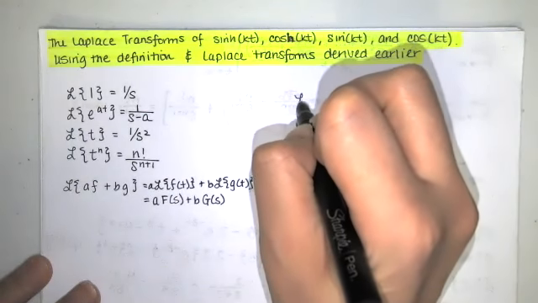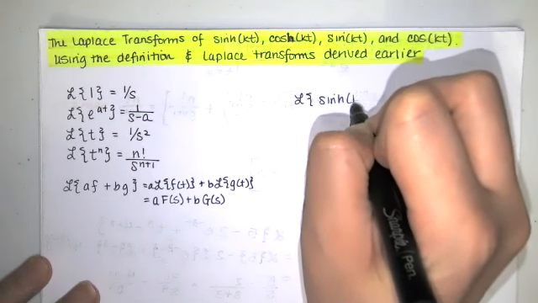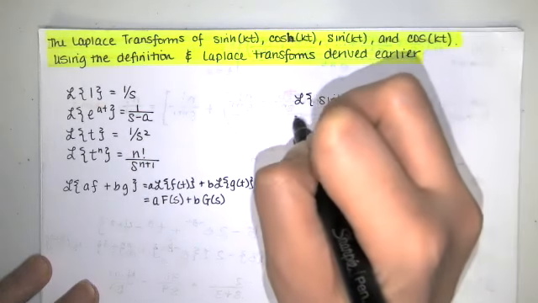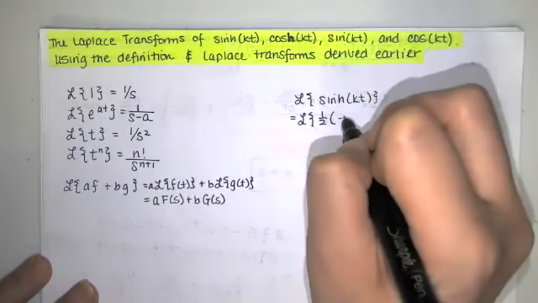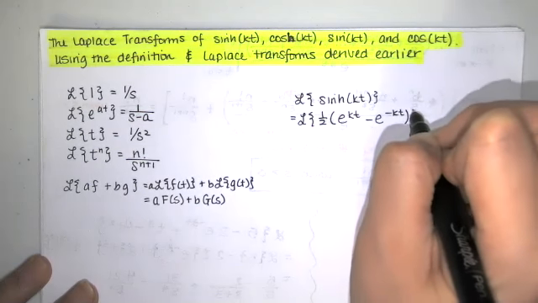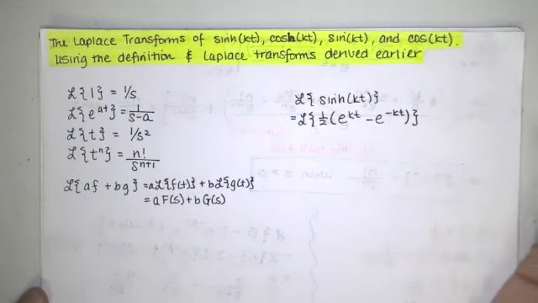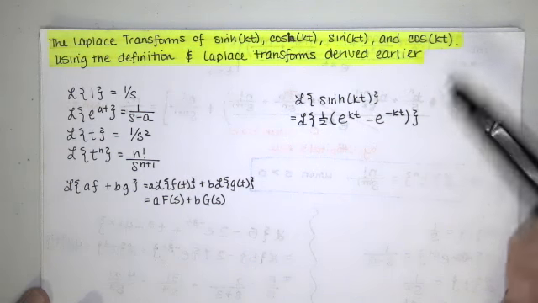So let's do that. The Laplace transform of hyperbolic sine of kt is the Laplace transform of 1/2 times e to the kt minus e to the negative kt, by definition of the hyperbolic sine of kt. The hyperbolic sine and hyperbolic cosine functions are defined in terms of exponential functions.